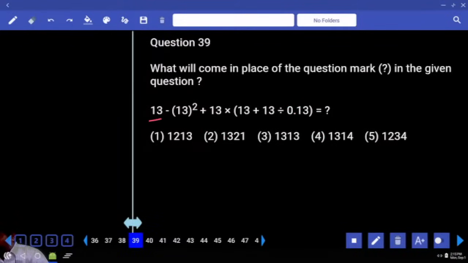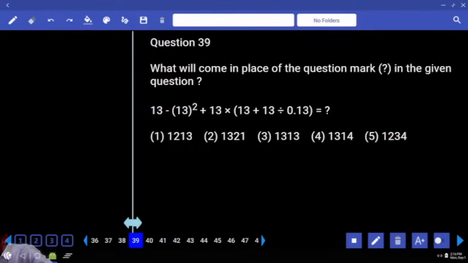Is it a 13 multiple? The number inside the bracket may be any stupid number. Into 13 is there. So every number is a 13 multiple, whether it is a sum or a subtraction or a combination of sum and subtraction also. The answer must be a 13 multiple. Look at your options.